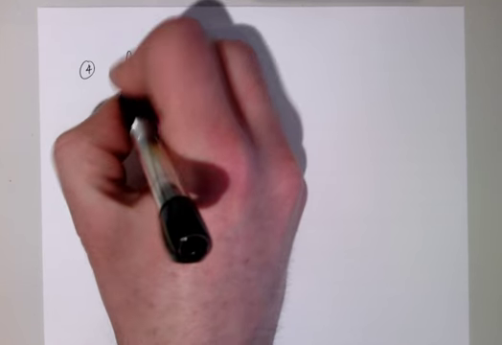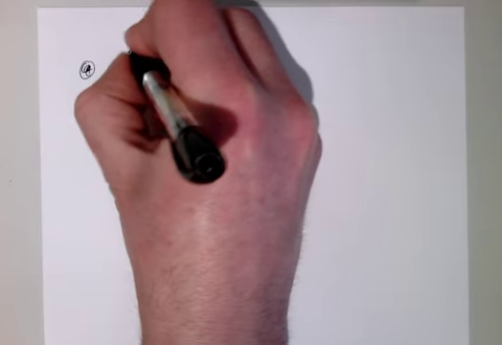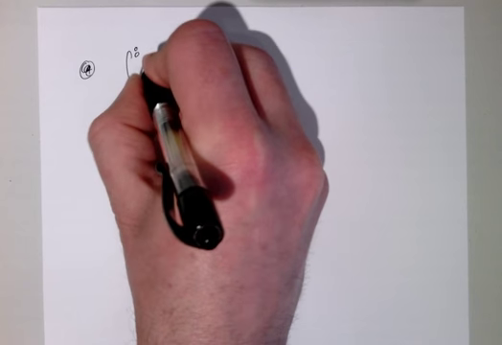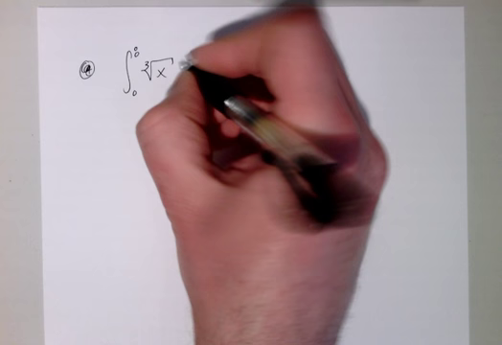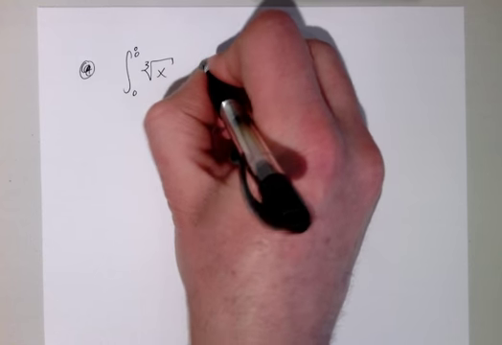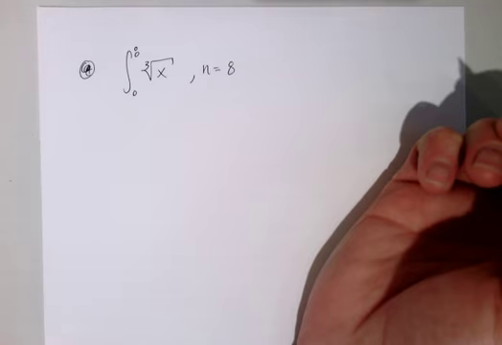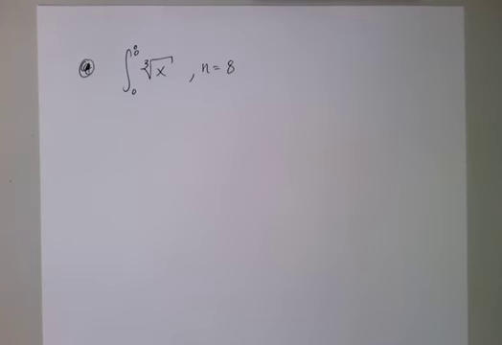How about number 4. 0 to 8 of the cube root of x, and I want there to be 8 subdivisions. This is going to be a little bit of a pain in the neck to actually do by hand, but let's go ahead and do it by hand anyway.